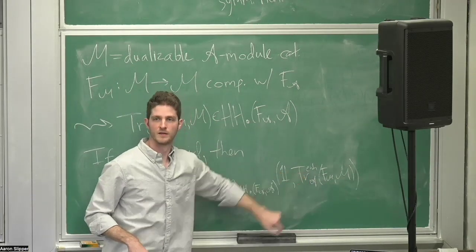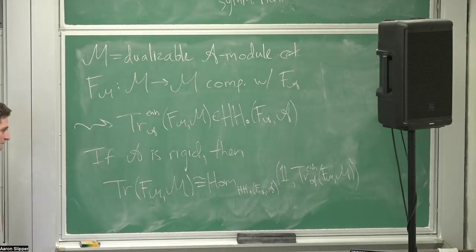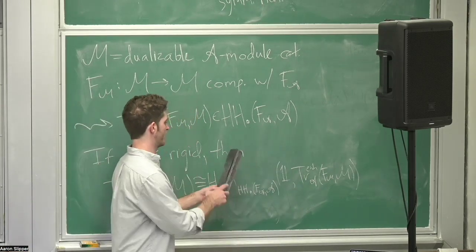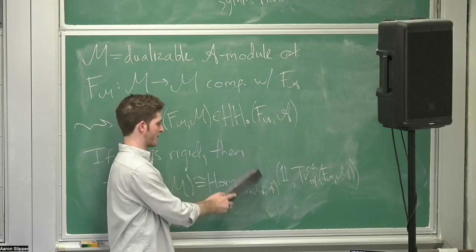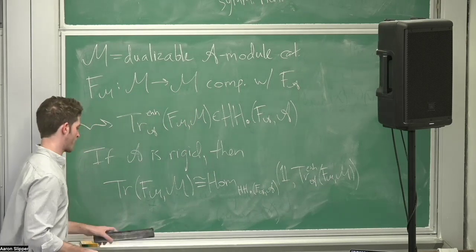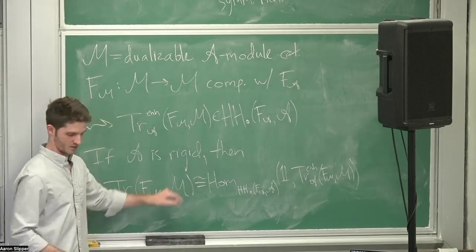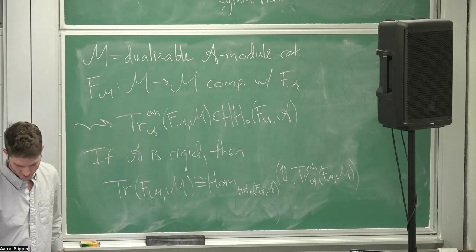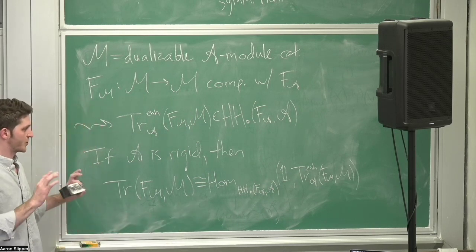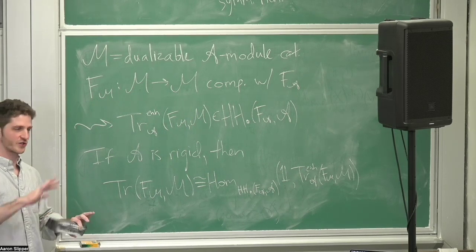So you should think again, in the case where A is quasi-coherent sheaves on something, this will also be quasi-coherent sheaves on something, and the unit will be like the structure sheaf, so this will be like global sections. So it's some kind of upgrade of the trace to this more structured setting. Total abstract nonsense. And I just want to put this on the board because I'm going to apply it, and then you can see how to pattern match.